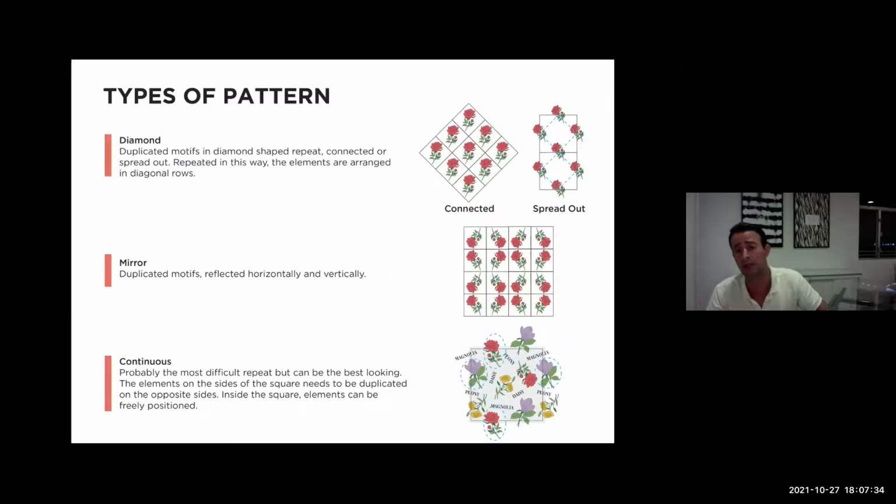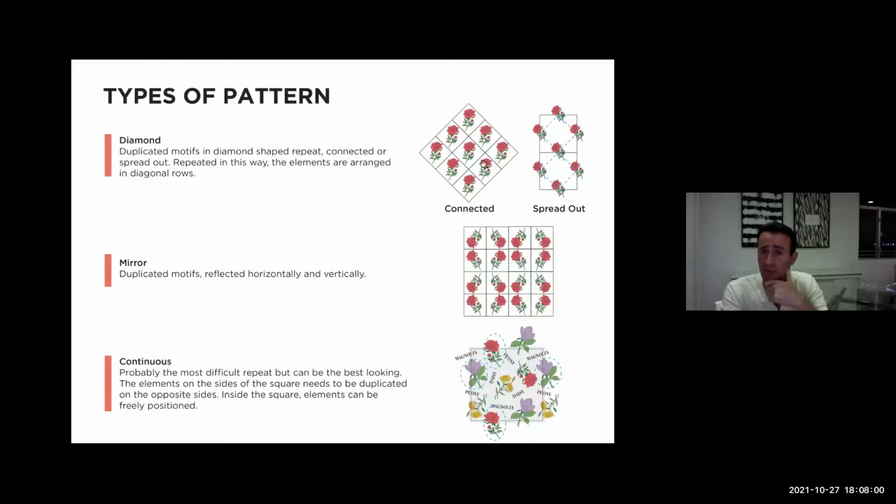Then another style that we have is diamond. It speaks for itself. These are duplicated motifs in a diamond shape. As you can see here, we can put them close together or we can spread them out. When spread out, it gives a little more space and doesn't give this connected feeling.